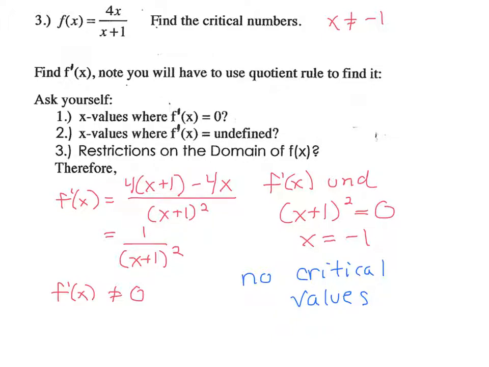This makes sense because if we graphed this function, we would have a horizontal asymptote at 4. We would have a vertical asymptote at negative 1. And the function would look like this, if you remember your Algebra 2 pre-calculus days. So it makes sense that this function does not have any relative mins or relative maxes. There's no hills and there's no valleys.